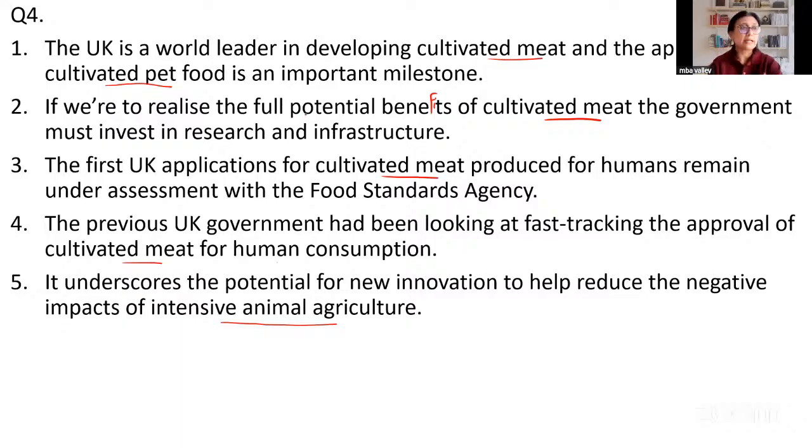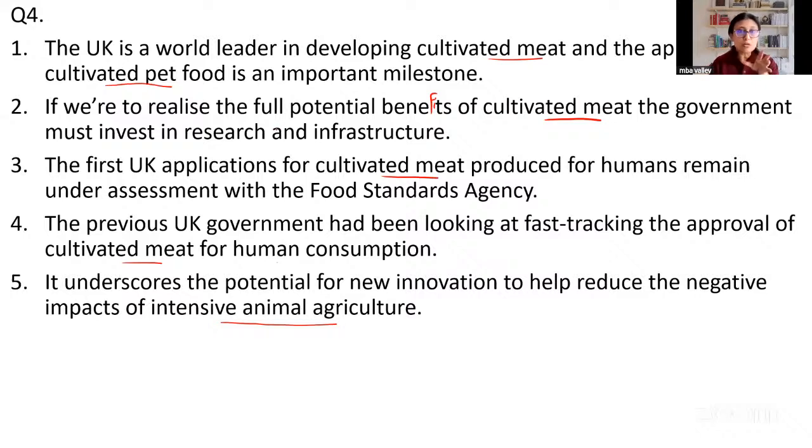It talks about leadership in developing cultivated meat. It talks about regulatory assessments. It talks about the importance of government investment in research that needs to be done, right? In sentence number 2, when it says government must invest in research and infrastructure.